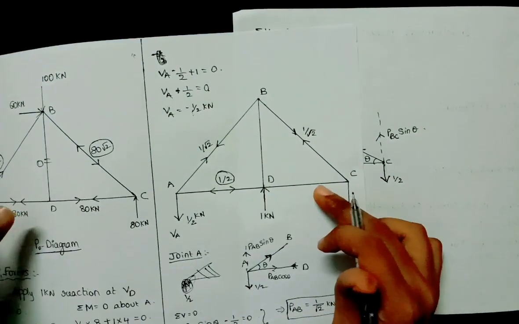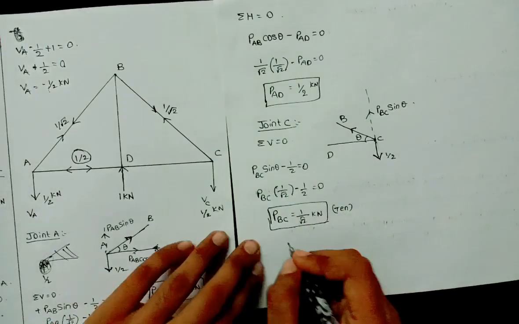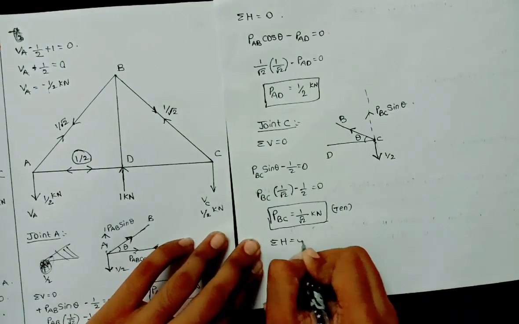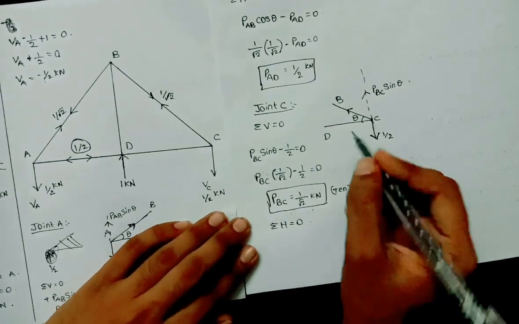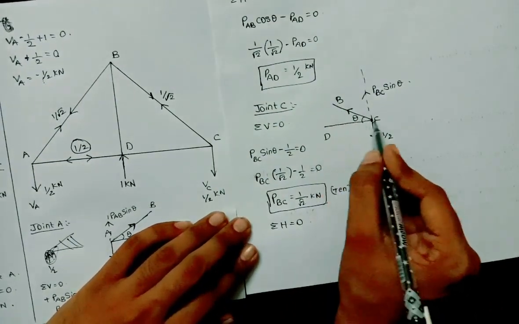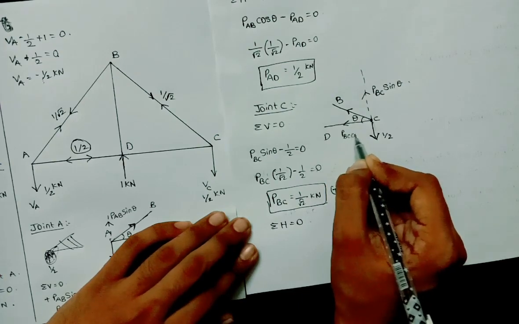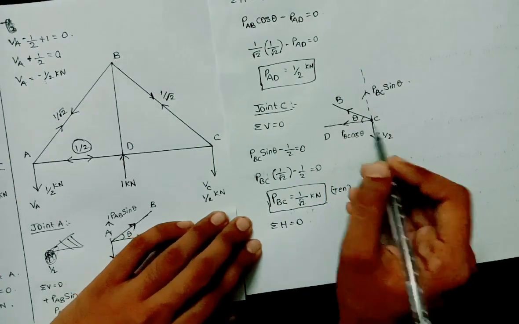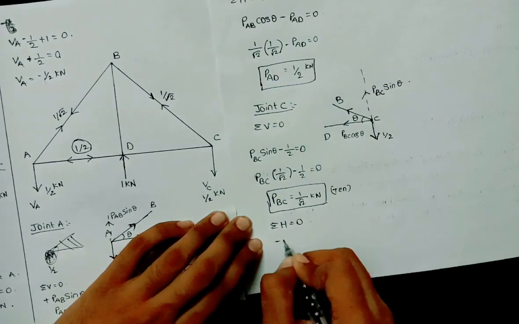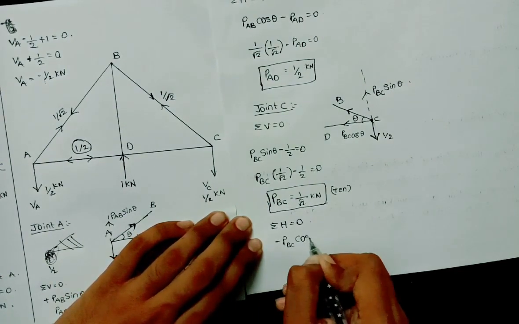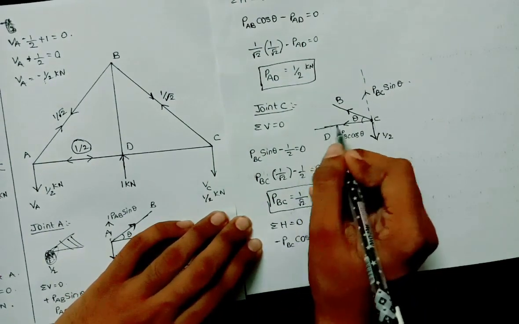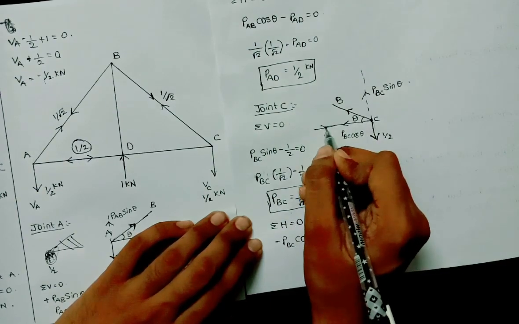Now we will calculate the value of PCD. To calculate, I will apply sigma H equal to 0. Now resolve this member horizontally. You will get PBC, if this is sin theta, this will be cos theta. It is acting left side, so I will take negative PBC cos theta. Now assume the force in member CD in this direction.